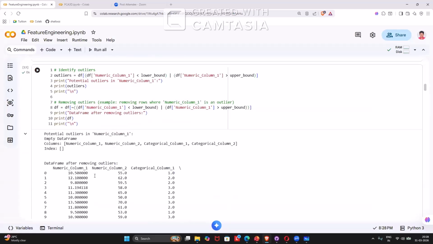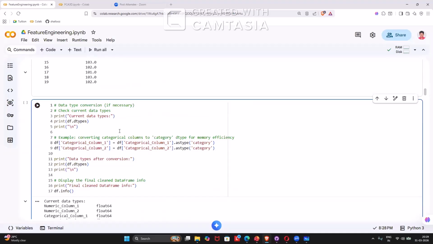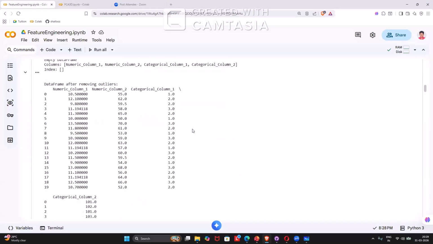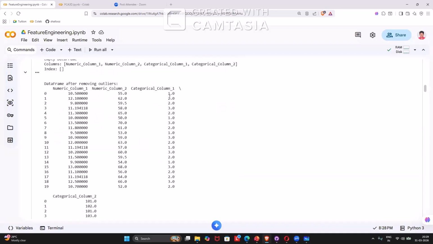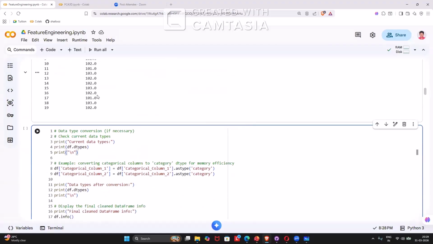And the other one is again type conversion. See, we are converting the last column. Even though it is a categorical value, it seems like numerical values. For categorical column 1 and categorical column 2, it is represented using decimal values, right?